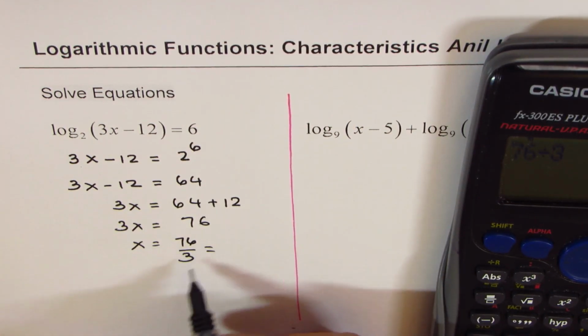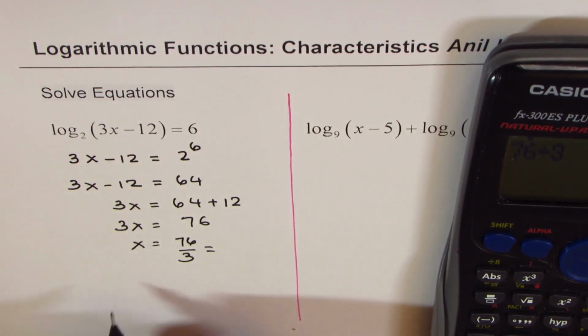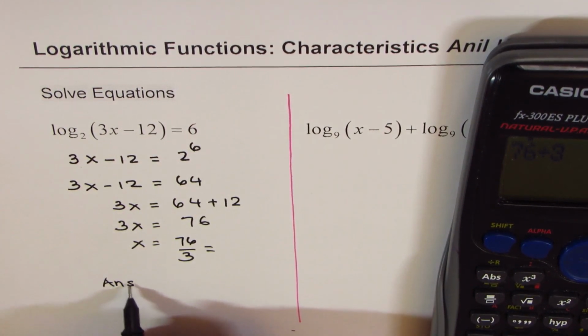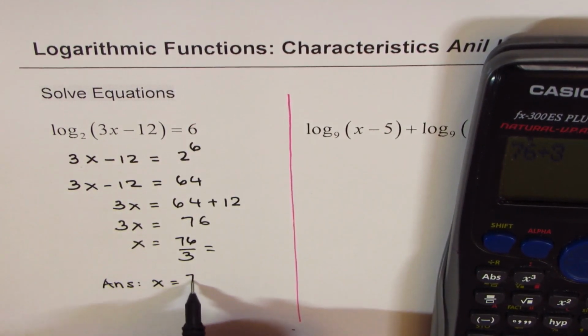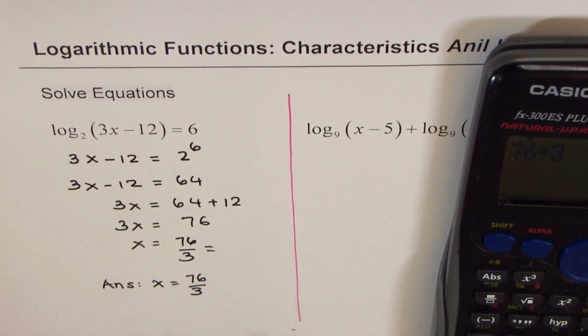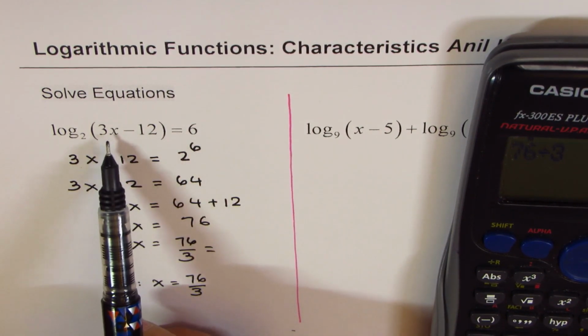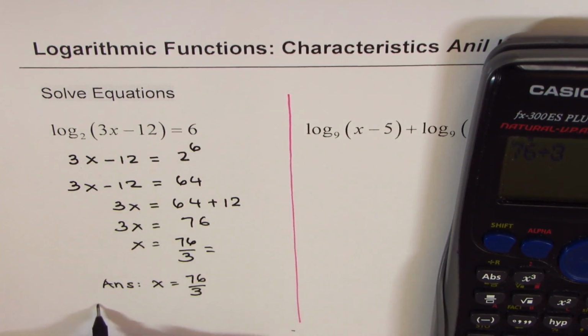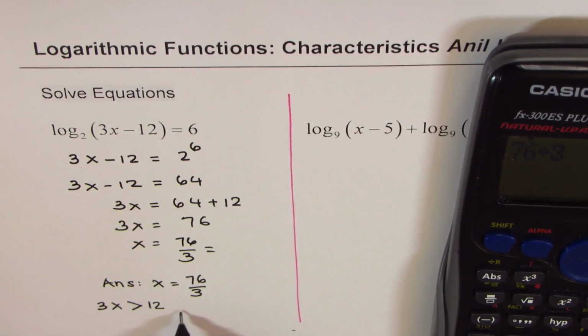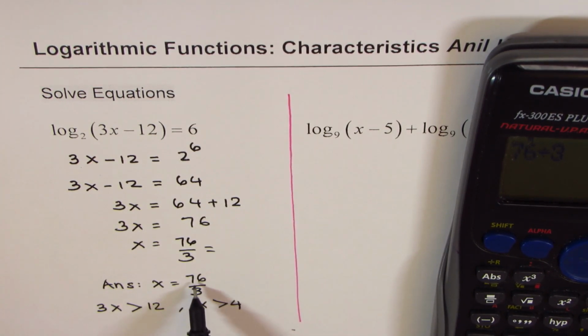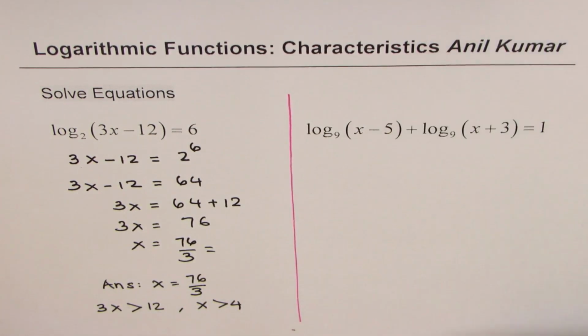Our answer in this case is x equals 76 over 3. Now, we should also check that it falls in the domain. The domain is that 3x should be greater than 12, or x should be greater than 4. Perfect. And this is definitely greater than 4, so it works.